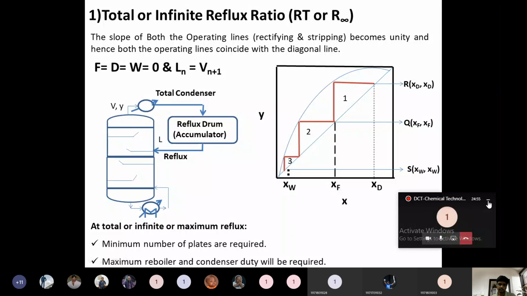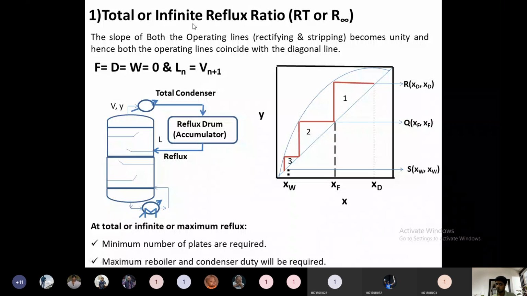So first, how to use this PPT: at total reflux, total reflux means we don't have any output and input to this column. We just drop some feed inside and operate our column, with every part of the product recycled back to this column, from the reboiler and also from the condenser. There is no product input and product output. So F is equal to D is equal to W is equal to zero.